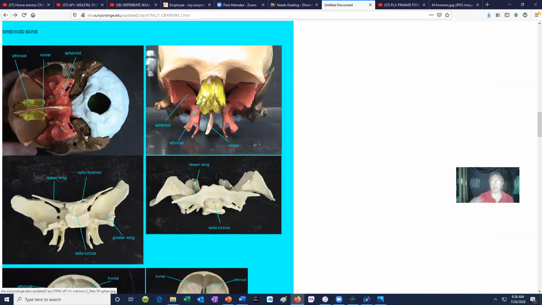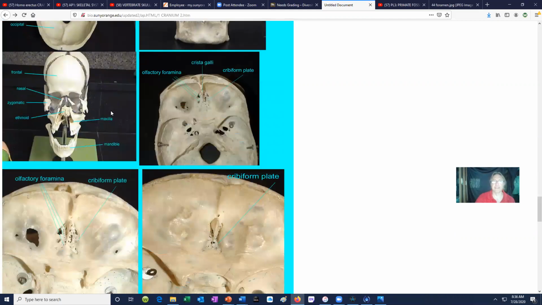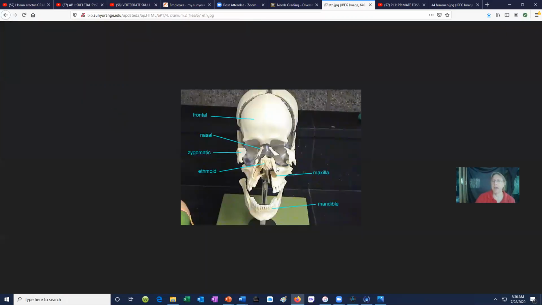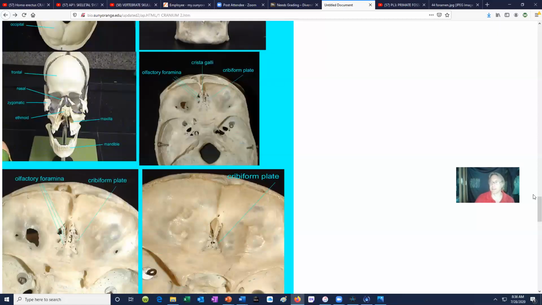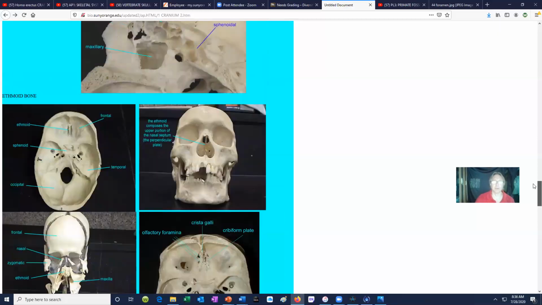The sphenoid and the ethmoid help to join the face and the cranium. Very often anatomy labs will have a skull which is disarticulated, so that you can see the ethmoid bone clearly once it's separated from the other bones.